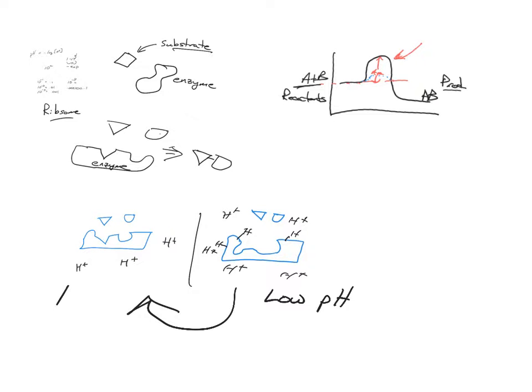Under a high pH condition, low concentration of hydrogen ions, the enzyme works fine. You reduce it, you make it acidic. This is acidic. This is basic. Under basic conditions, it works. Under acidic conditions, the enzyme no longer works.